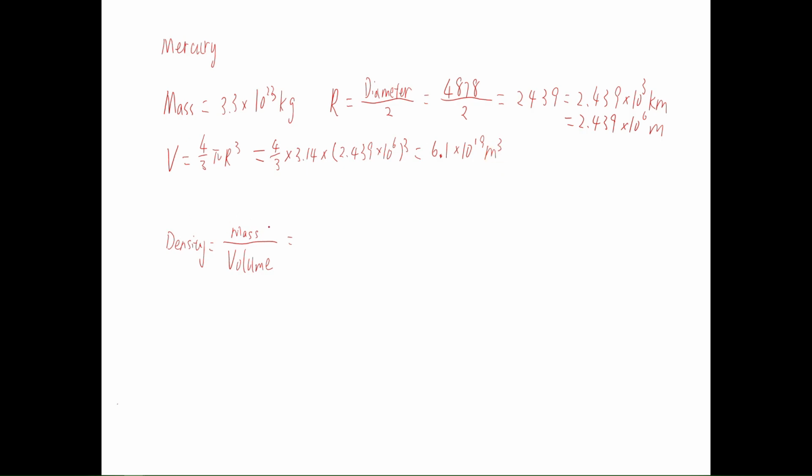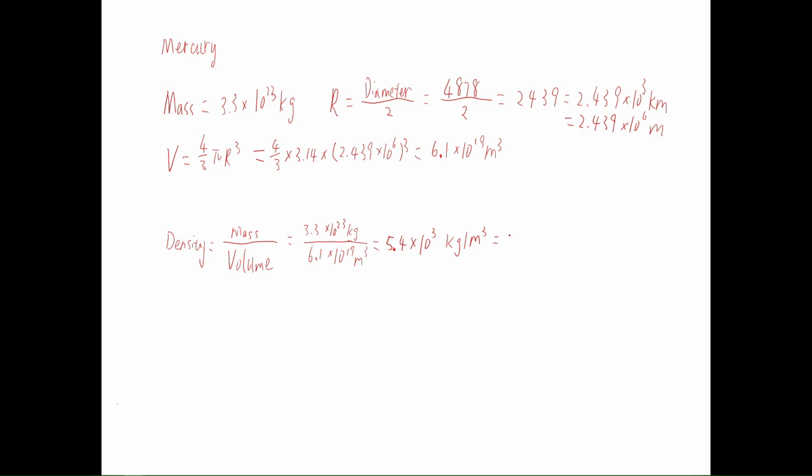Now we can plug in the mass divided by the volume we just calculated, which is 3.3 times 10 to the 23rd power kilograms divided by 6.1 times 10 to the 19th power meters cubed. That is equal to about 5.4 times 10 to the third power kilograms per meter cubed.